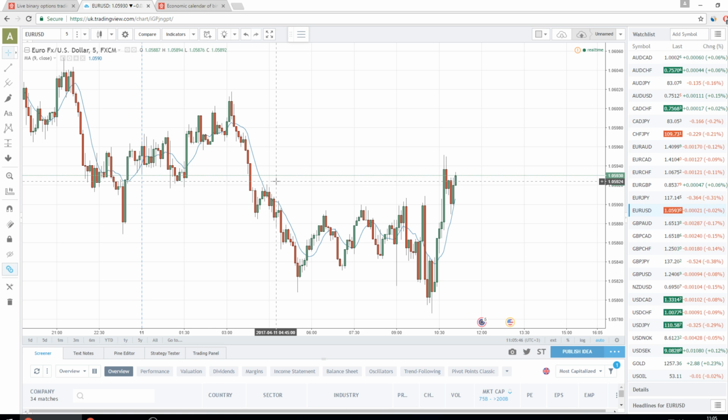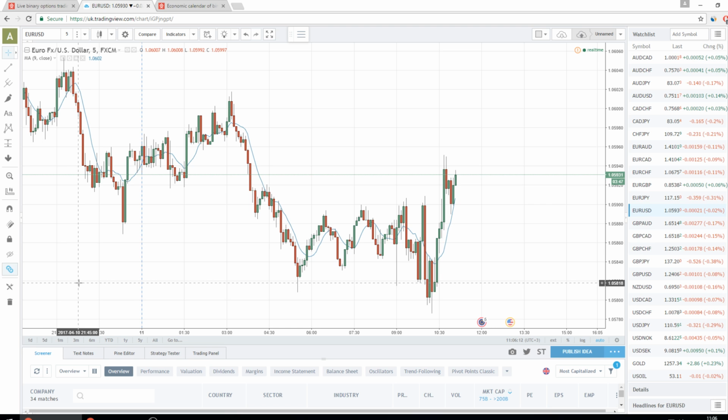Moving averages are an important analytical tool, and in most cases they are used to identify the trend and to see if there is a probability of a change in the current trend.